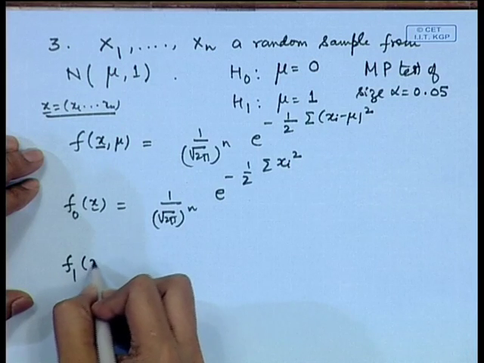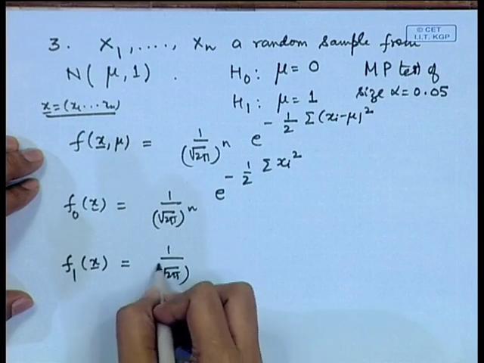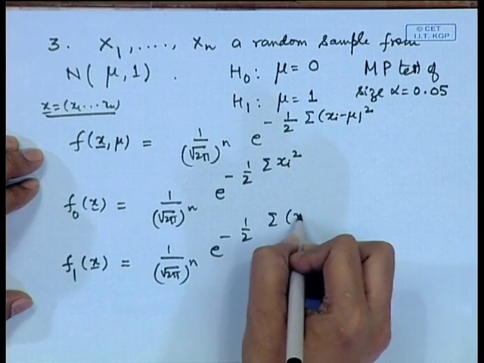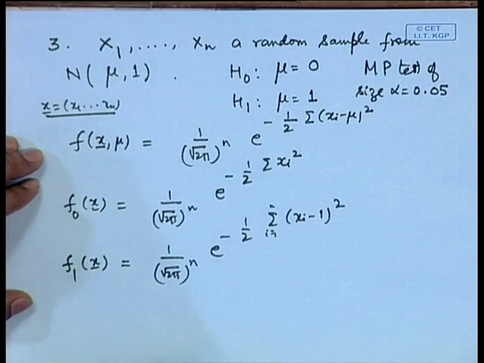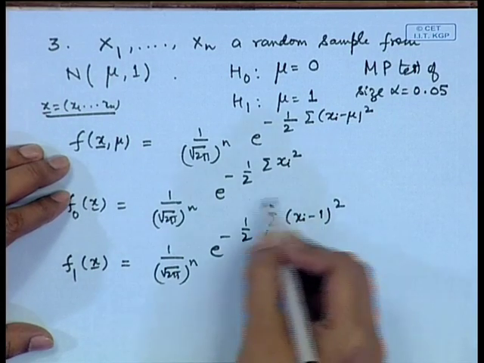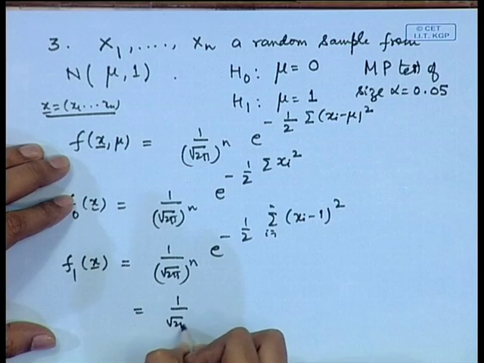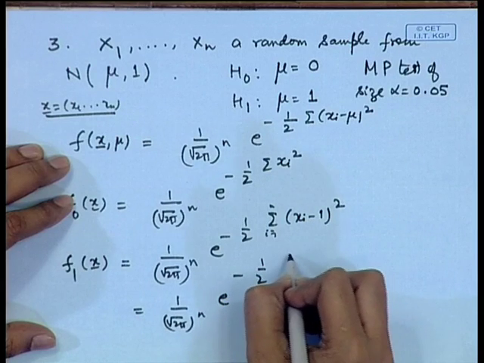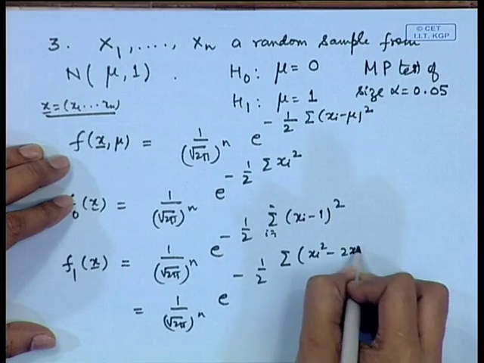In a similar way, f 1 (x) is equal to 1 by root 2 pi to the power n e to the power minus 1 by 2 sigma (x i minus 1) square. Now, this term can be simplified a little bit, we get it as 1 by root 2 pi to the power n e to the power minus 1 by 2 sigma (x i square minus twice x i plus 1).